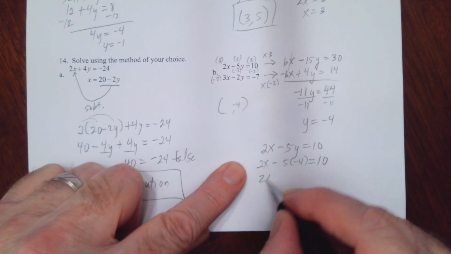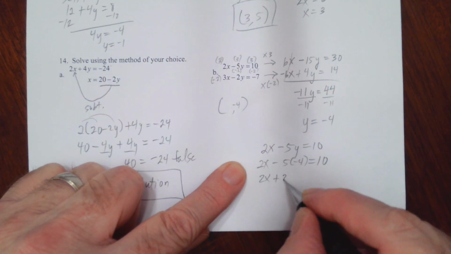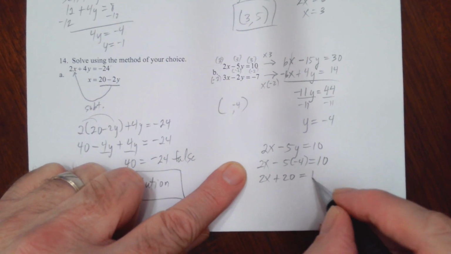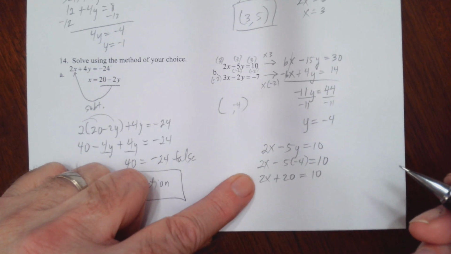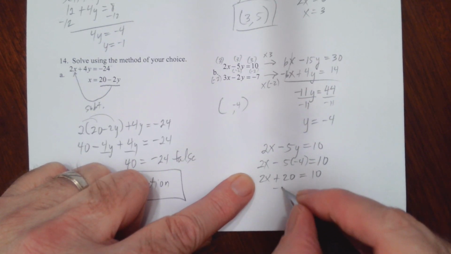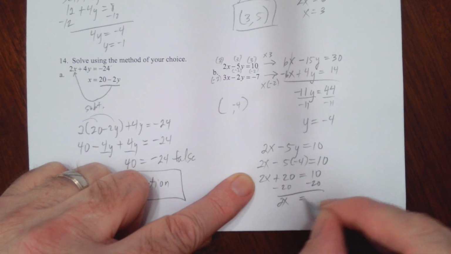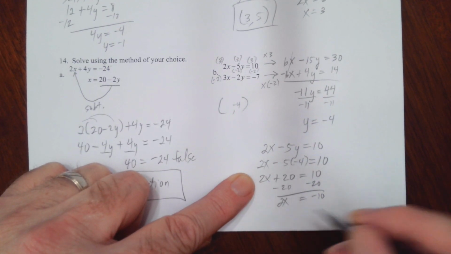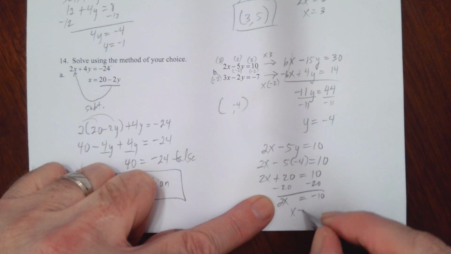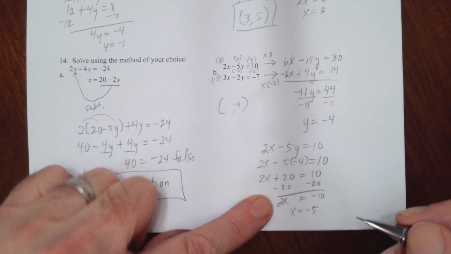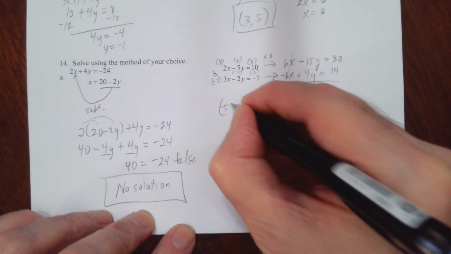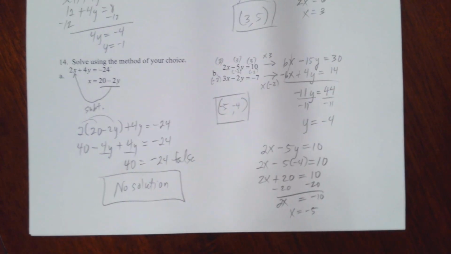So this becomes 2x plus 20. Notice we have a two-step equation. We'll need to subtract 20 on both sides and divide by 2, or you can just do that in your head. x is negative 5. So our final answer here is the point (negative 5, negative 4).